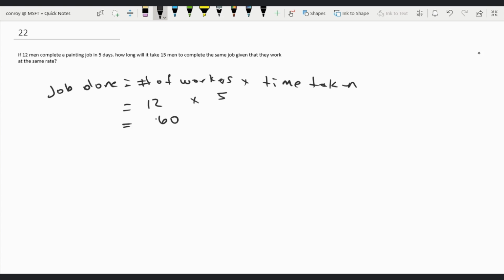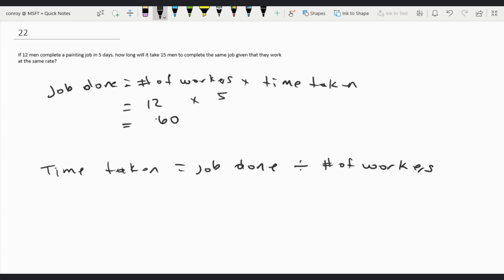So if we want to find the time taken by 15 men, what we need to say is job done, the job we're able to complete, divided by the number of workers. Because right here, 12 men took 5 days to complete that job.